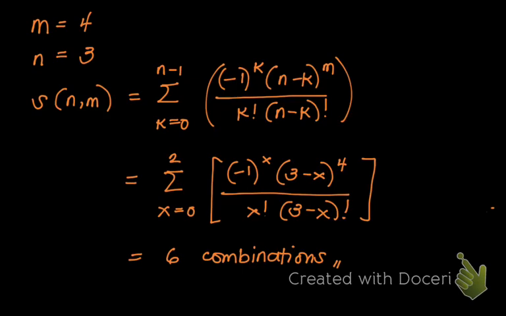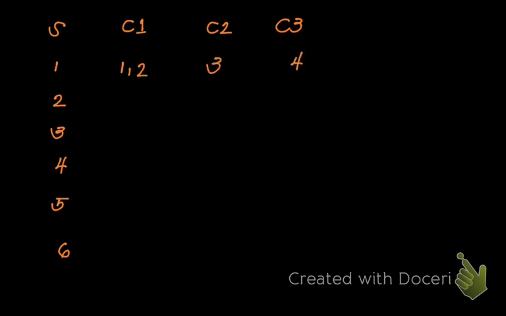Now, to determine the allocations of the machines first, let's just write your S, your combination number, and then we have center 1, center 2, and center 3. Again, we have 6 combinations. We have a technique here. Since we have 4 machines, we can say that machines 1 and 2 will share, while 3 and 4 will be individually allocated in centers 2 and 3.